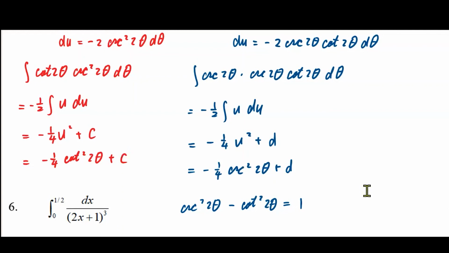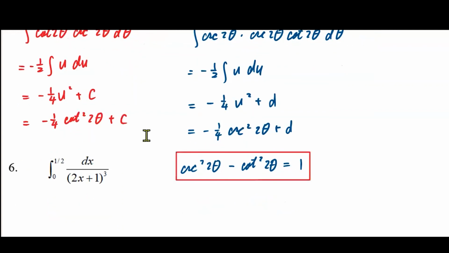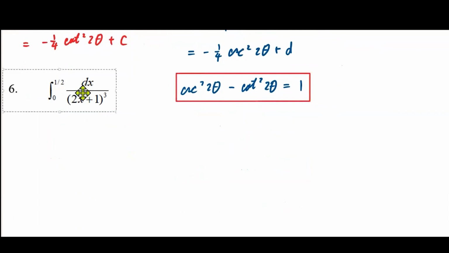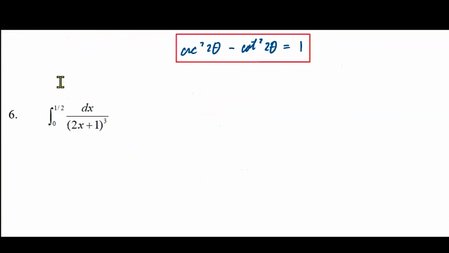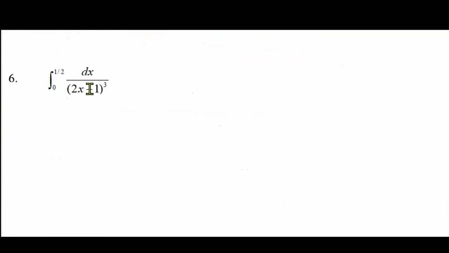Okay, now, then we're going to do this one. This one looks relatively easy after all that. So what should be our u? That thingy, of course, right? So our u in this case should be 2x plus 1. Then my du, of course, is 2 dx. You get it?